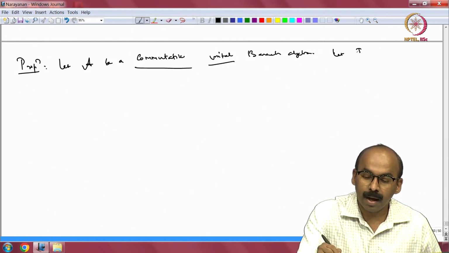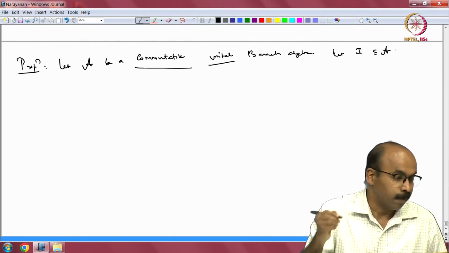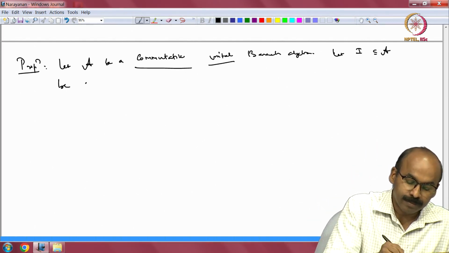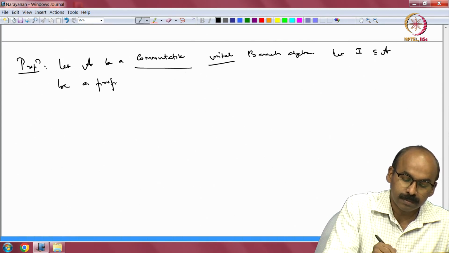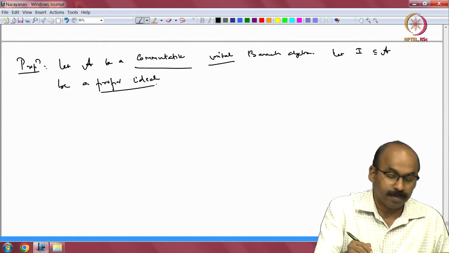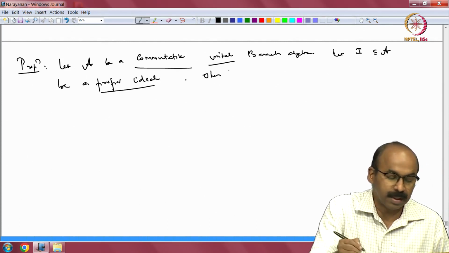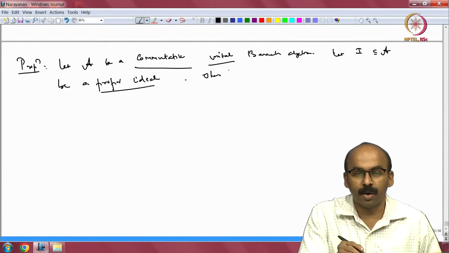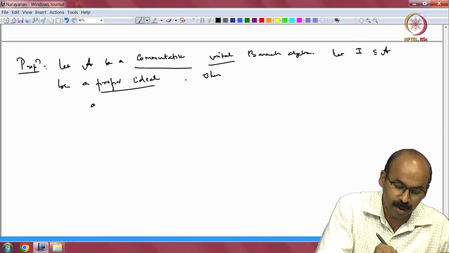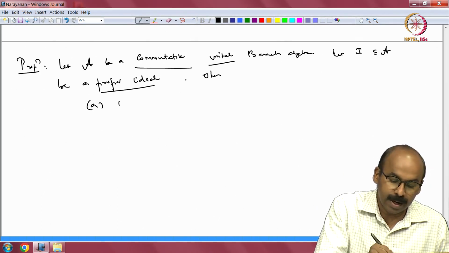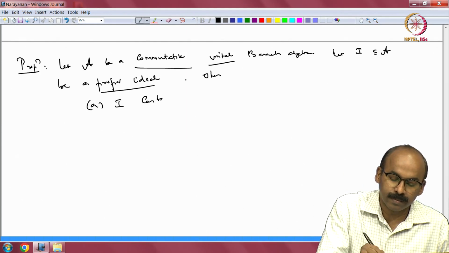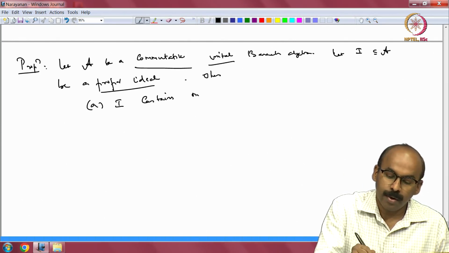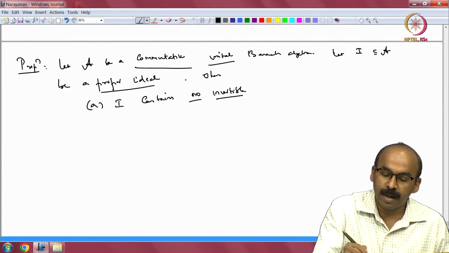Let I contained in A be a proper ideal. Then several assumptions, all of them are quite easy to prove. (a) I contains no invertible element.